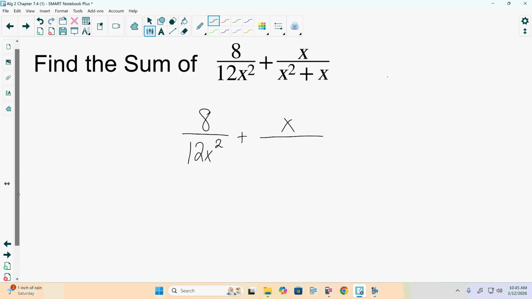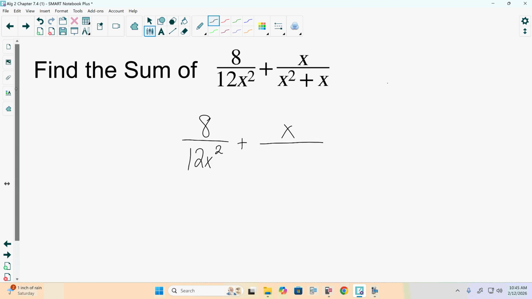If we're not sure, especially with numbers, we can go on and leave it. Now, as we look at the other denominator, x squared plus x, the greatest common factor between x squared and x is x, giving us x times x plus 1. Questions on this so far?